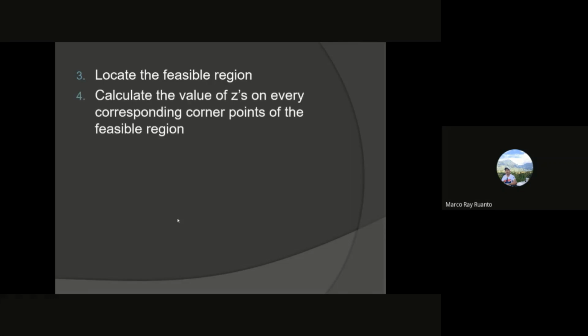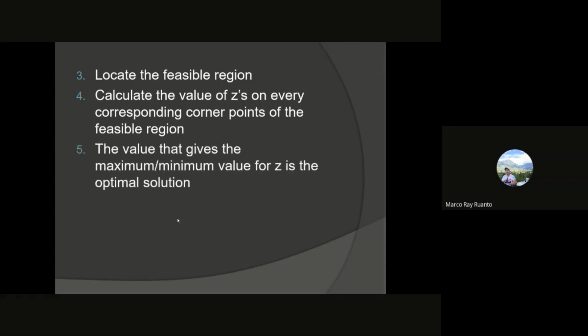Number three, calculate the value of z on every corresponding corner point of the feasible region. Then the value that gives the maximum or minimum value for z is what we call the optimal solution. So that is the summary of how we solve a linear programming model.